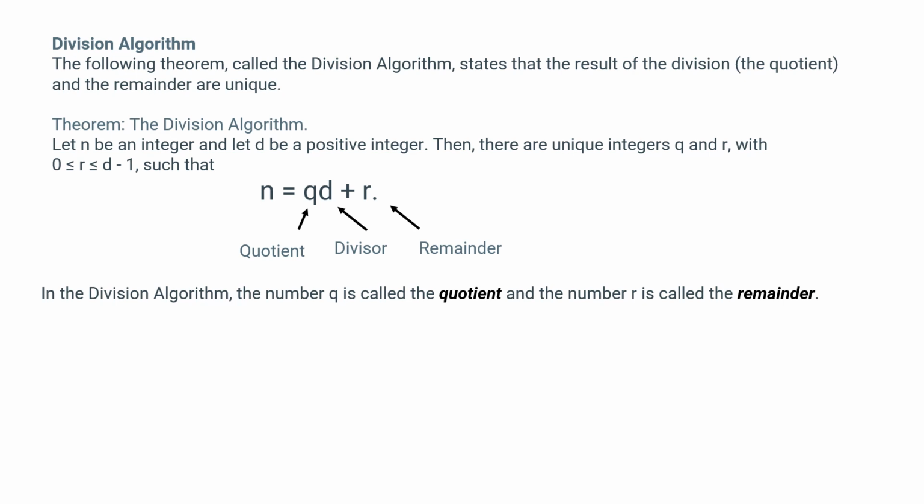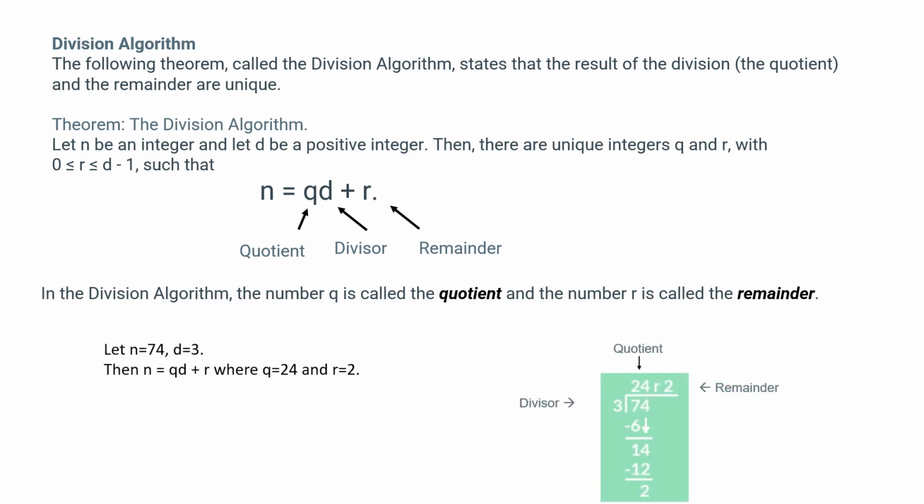And this is just saying that the q and the r that we would come up with would be unique. We couldn't get more than one set of answers here for any given n and d. Okay, so the q stands for the quotient and r stands for the remainder.